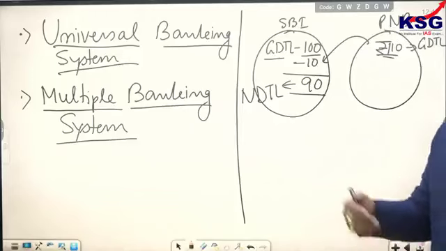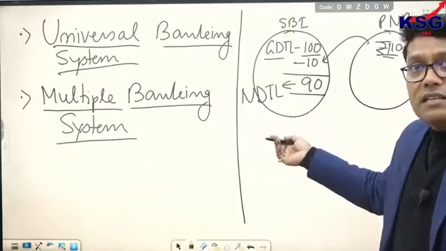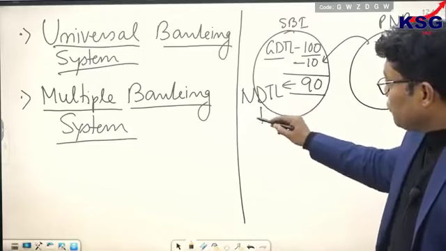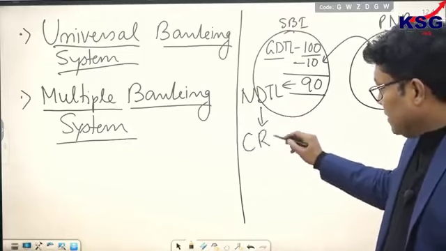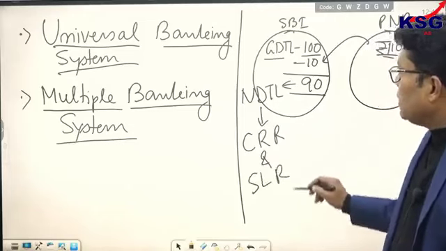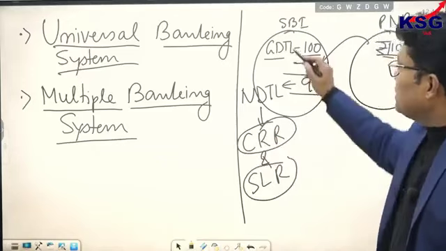So each and every bank has to calculate NDTL first, and then on the basis of NDTL they have to maintain CRR and SLR. They do not calculate CRR and SLR on the basis of GDTL. Why?